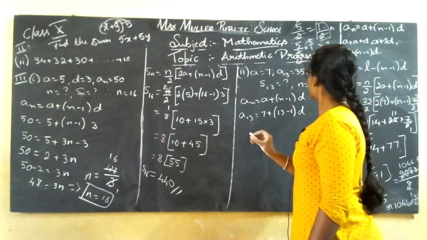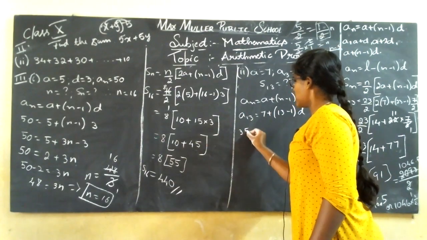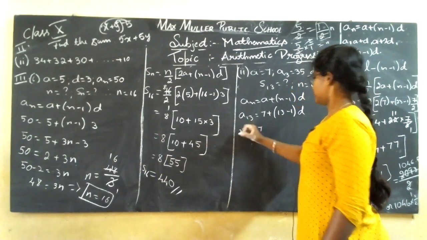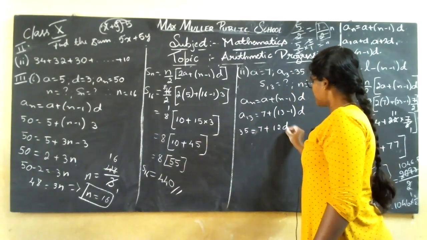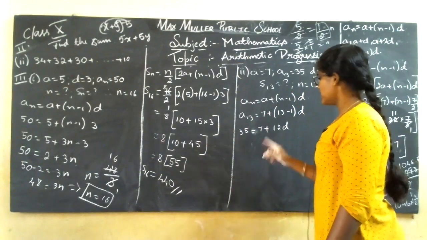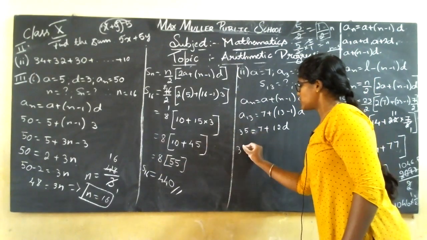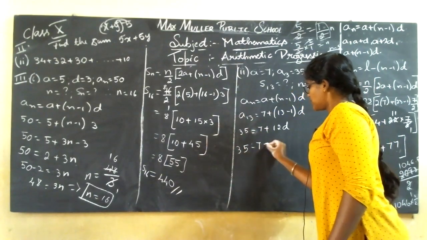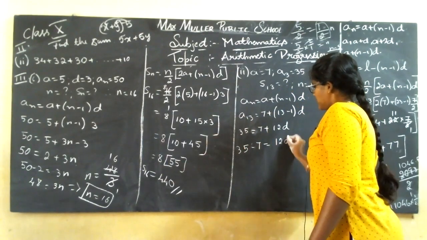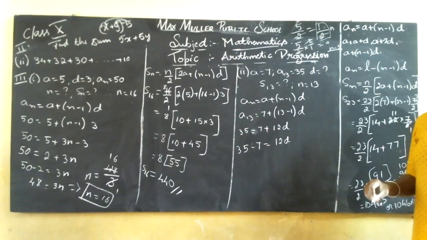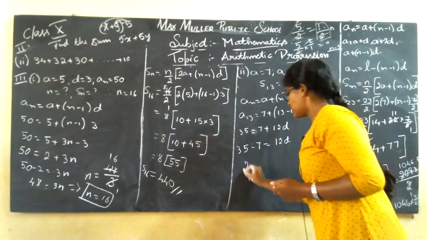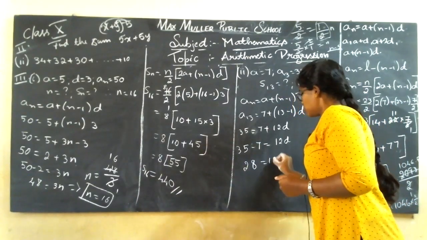So a13 is 35 is equal to 7 plus 12d. If this plus 7 goes that side, it is minus 7, is equal to 12d. So how much do you get in 35 if 7 goes? 28. 28 is equal to 12d.